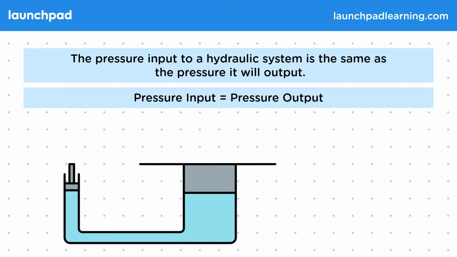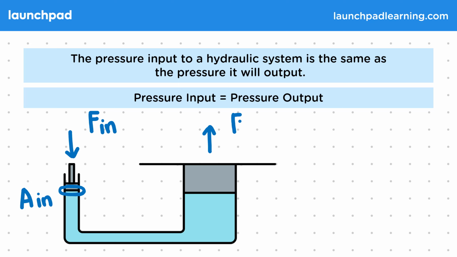For example, let's consider a simple hydraulic lift, where we push down on a pedal on one end to raise a large platform on the other. So here, the input force is what we push down on the pedal with, and the input area is the area of this pedal in contact with the liquid.